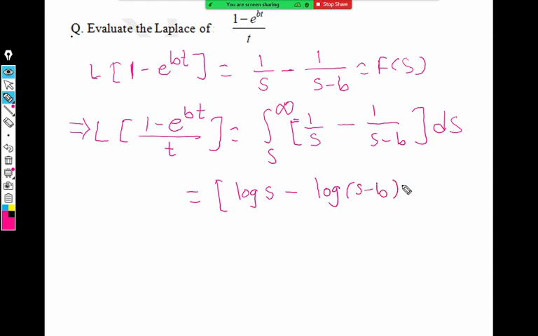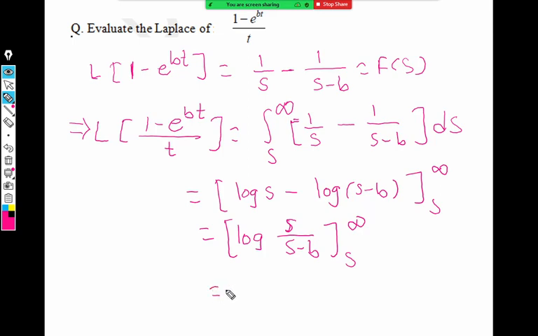Log of s minus b. So it comes in a similar way, log of s upon s minus b, from s to infinity. Now when you put the upper limit, it comes log 1, and log 1 is 0. For the lower limit, you are replacing s by s only, so log of s upon s minus b. So this is the answer.